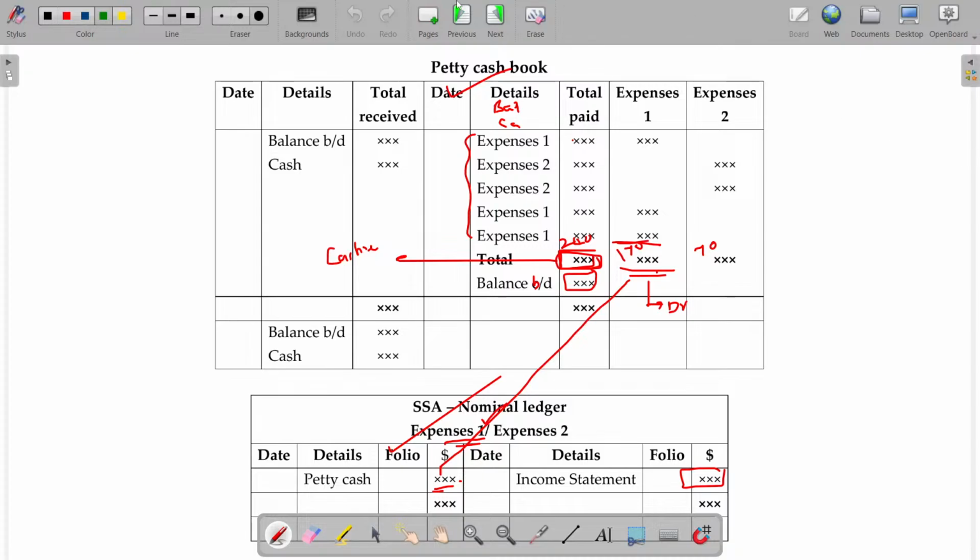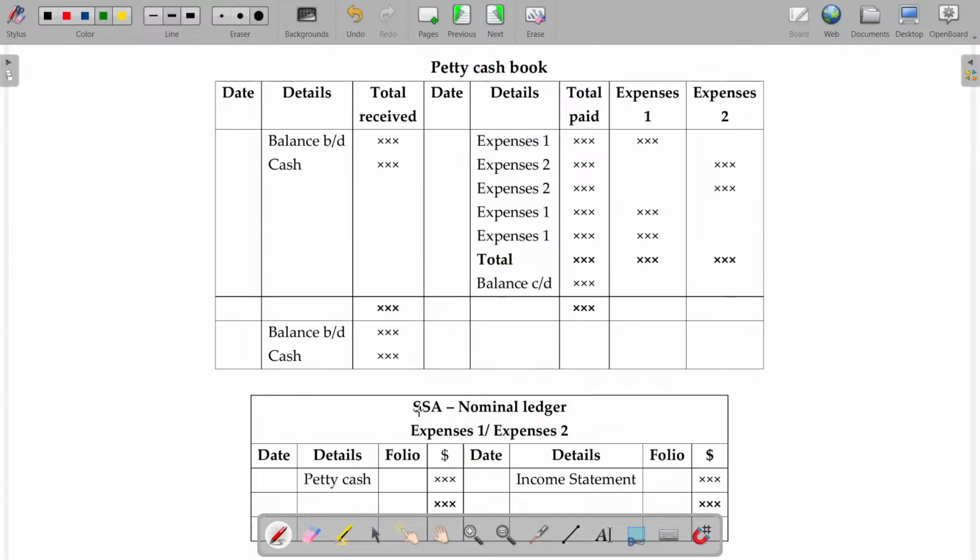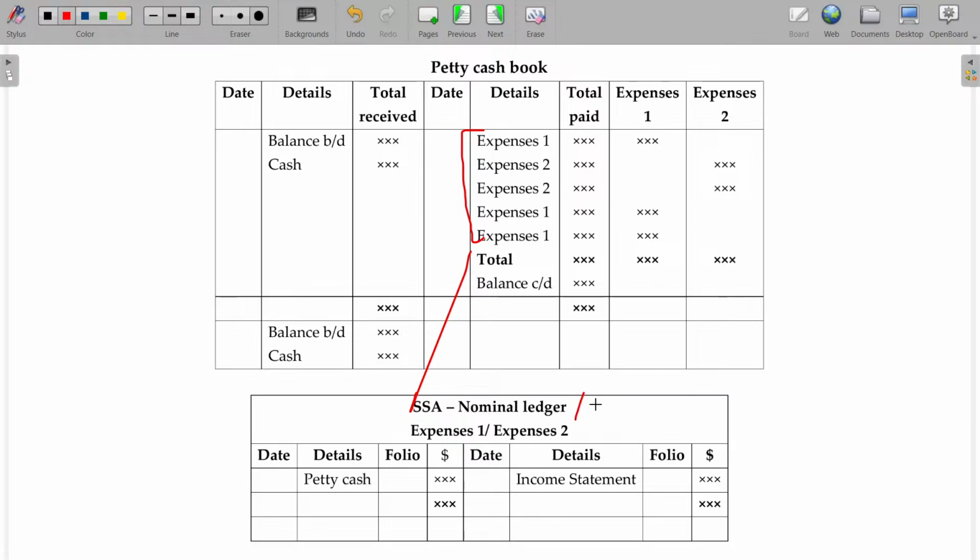So I have to explain one more aspect here. All these expenses you pay for petty reasons or petty value will be transferable to the nominal ledger or general ledger. Sometimes you may make the payment to your supplier for purchases.